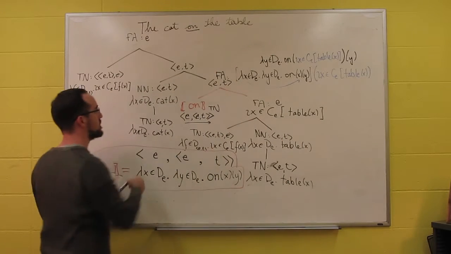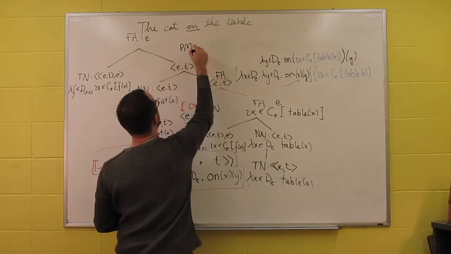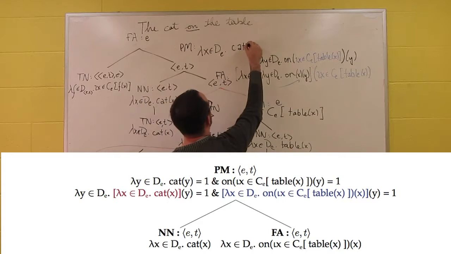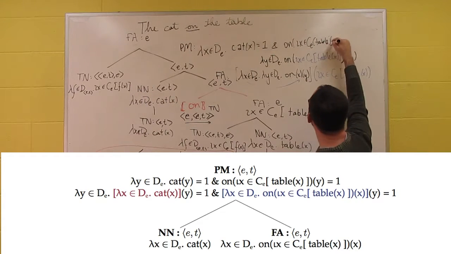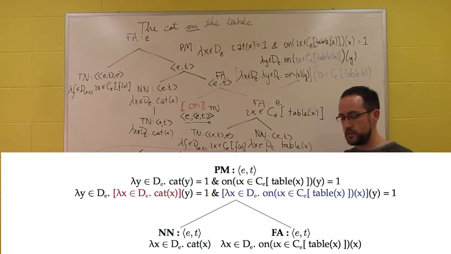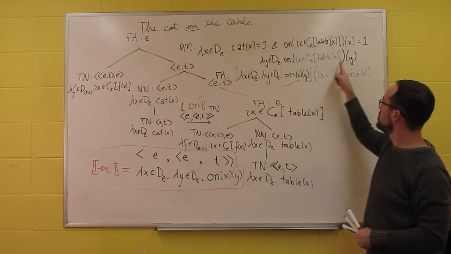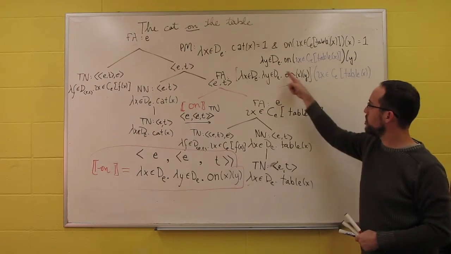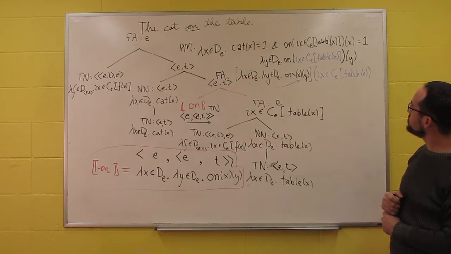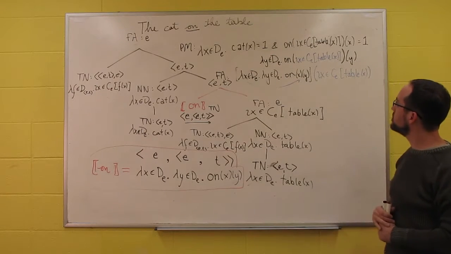Now we can combine this with cat using predicate modification. Now this is changed to x, of course, because the rule states that we take this variable and we plug it in for here. We replace this y with it. So this is the function, x saturates it, and we get that.